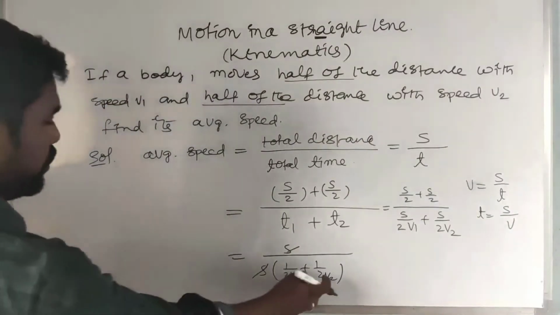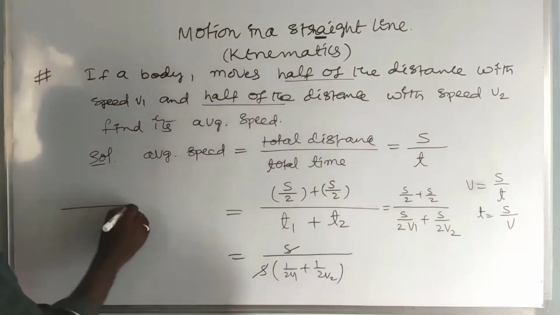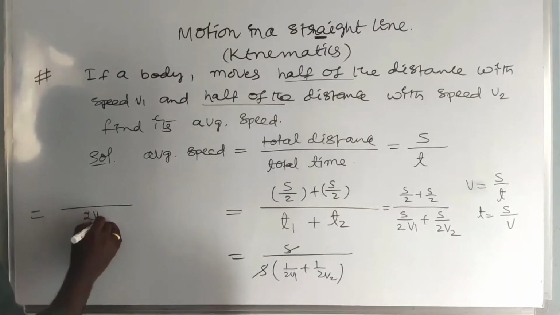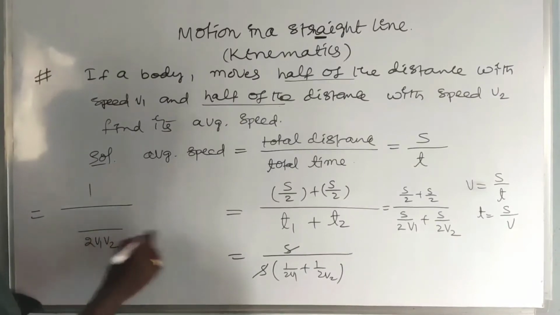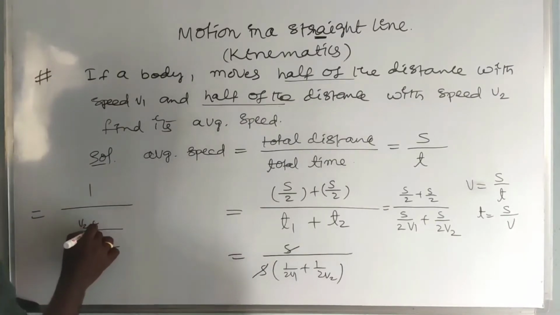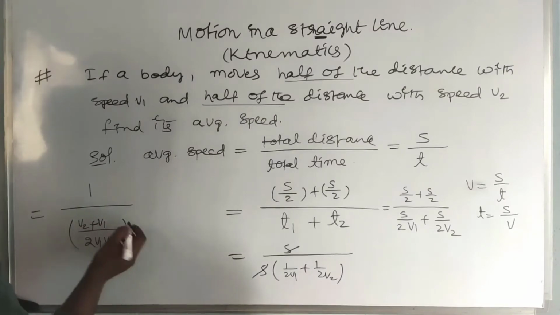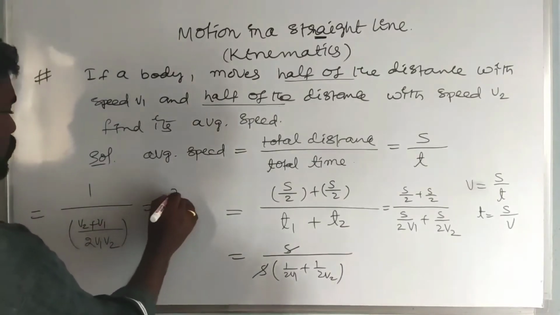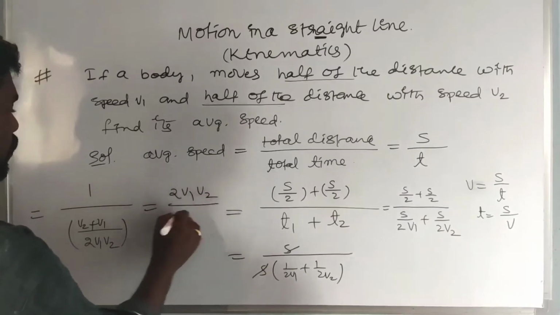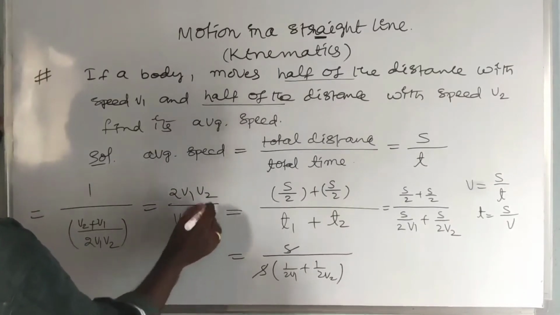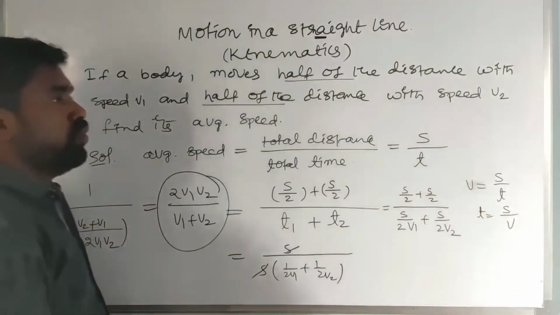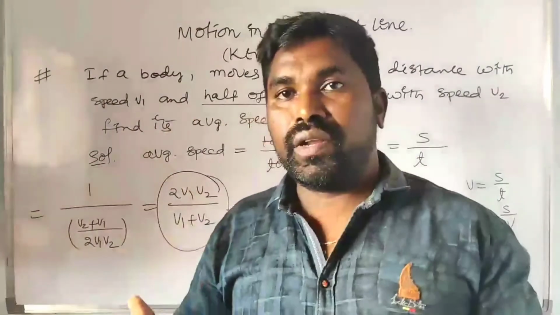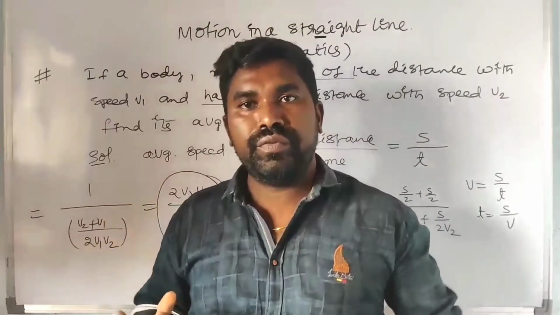So 2v1v2 is the LCM here, and you get 2v1v2 by v1 plus v2. So this is the average speed, where a body moves half the distance with the speed v1 and the remaining half of the distance with the speed v2.